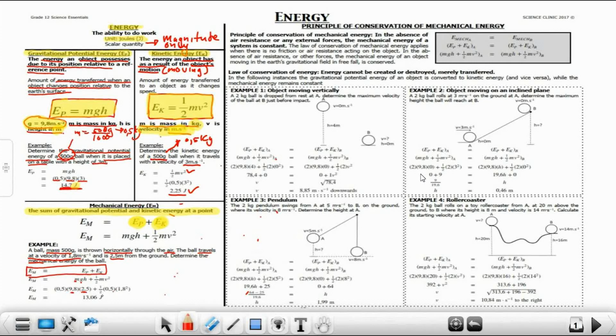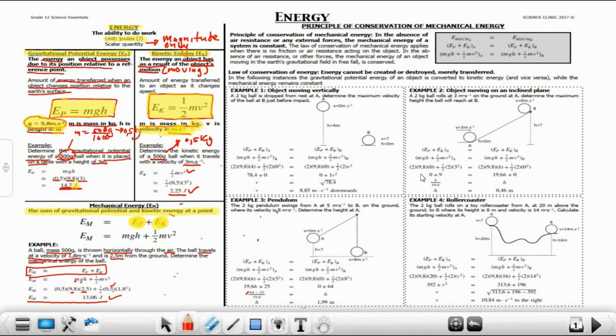Yes, I have 1 over 2, the mass is given as 0.5, and I have v, which is 1.8 meters per second, and the sum of the two will become my mechanical energy. So just remember, mechanical energy is the sum of the gravitational potential energy and the kinetic energy at a specific point.